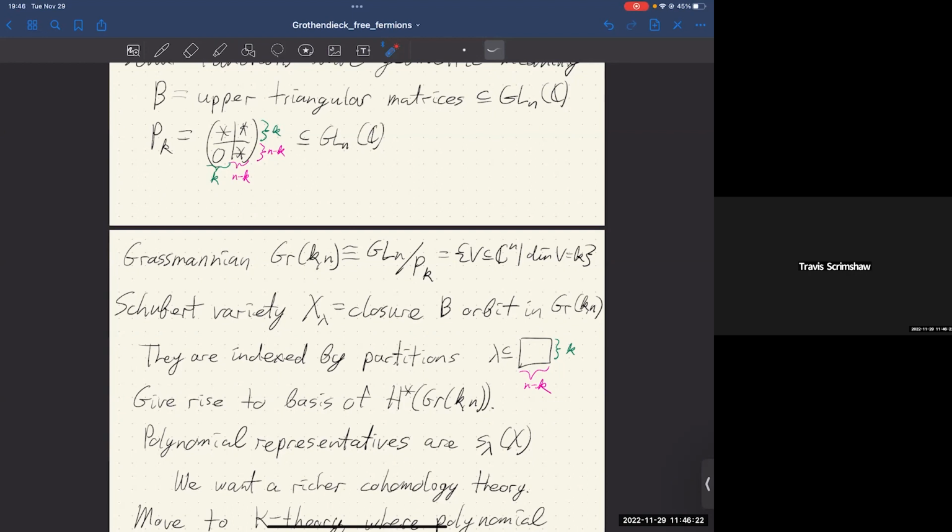So the classical definition of this is k-dimensional subspaces of n-dimensional space. But I can realize it as the general linear group modulo this parabolic subgroup. And how we can see that is by the orbit stabilizer theorem. The k by k block fixes the k-dimensional subspace. The n minus k by n minus k block fixes everything else.